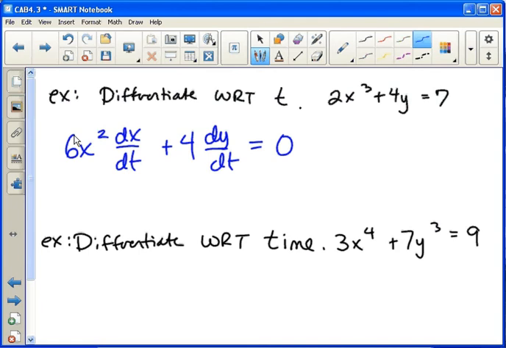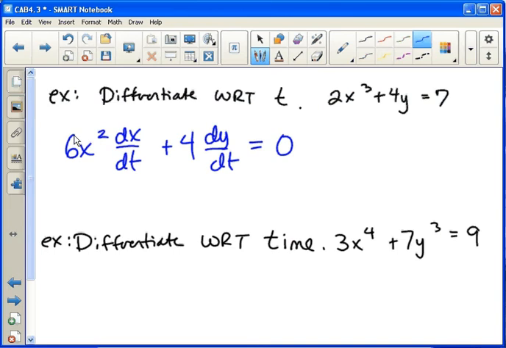So again, just want to make sure you understand what we're doing. When we take the derivative with respect to t, every time we take the derivative, you've got to put a dx/dt term or a dy/dt term. And the thing on top is the variable you're taking the derivative of. The thing on the bottom is always going to be dt, or whatever you're doing it with respect to.